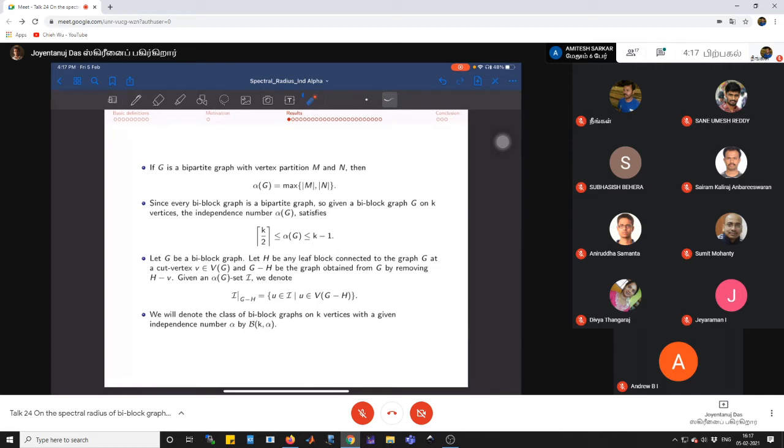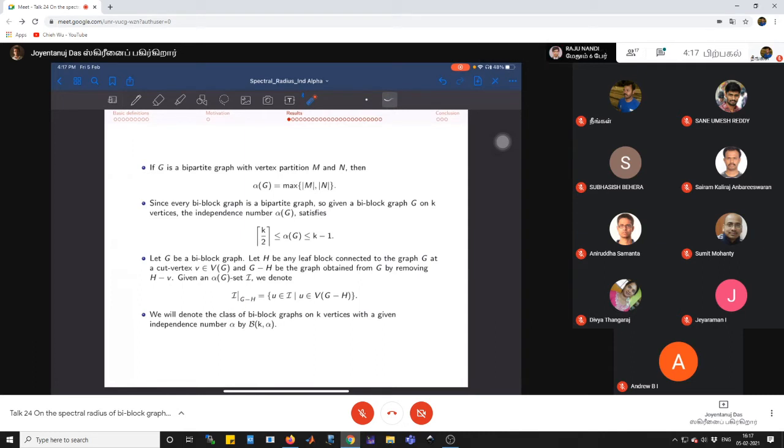Next, suppose G is a biblock graph and H is any leaf block connected to the graph G at a cut vertex v, and G minus H is the graph obtained from G by removing H minus v.